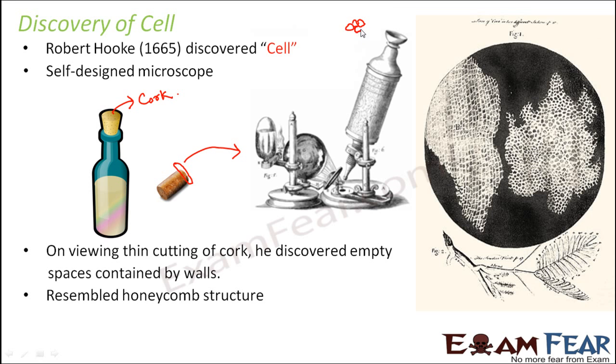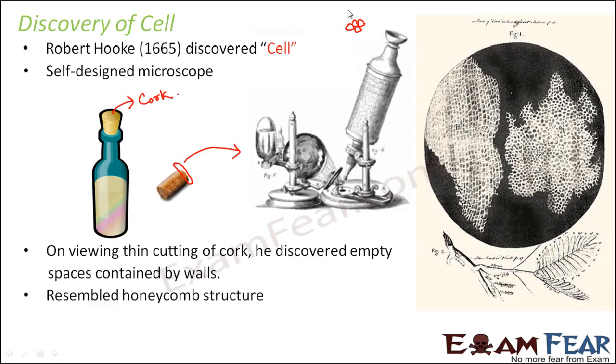You feel as if the inside space is empty and it is surrounded by some walls. Actually, these empty spaces were nothing but the cells, and outside were the cell walls. Since this cork was a dead tissue, the cells were also dead.